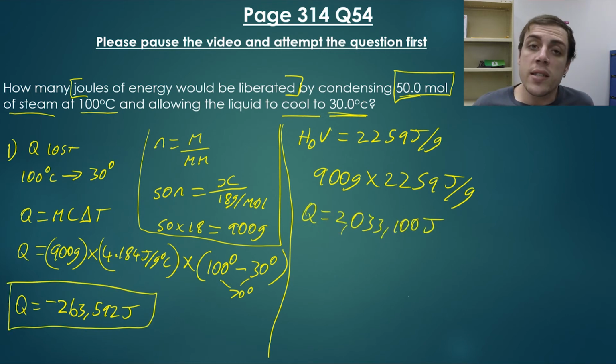So that's going to give us a total heat value of 2,033,100 joules.